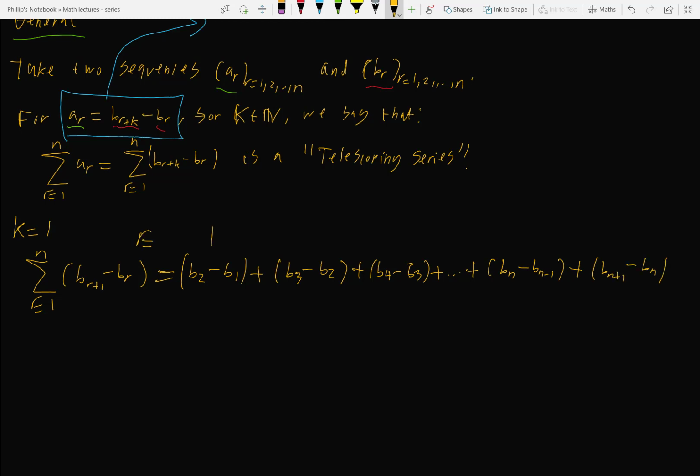This is when r is equal to 1, 2, 3, all the middle stuff, this is when it's equal to n minus 1, and that's when it's equal to n. So those are the n terms we're summing up. Now if you notice, some of these terms are going to cancel.